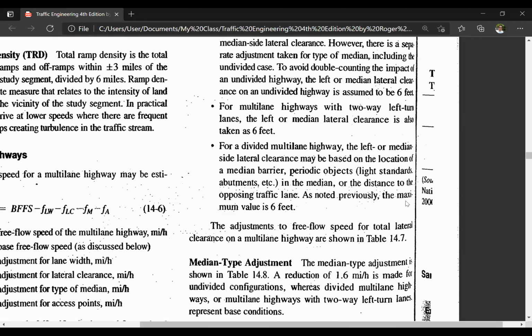For a divided multi-lane highway, the left or median side lateral clearance may be based on the location of a median barrier, periodic objects like standard abutments in the median, or the distance to the opposing traffic lane. The maximum value is 6 feet.